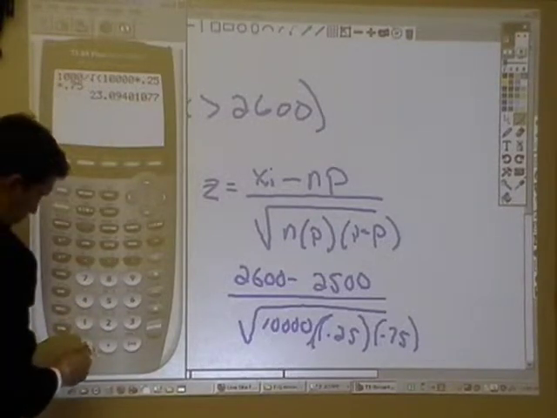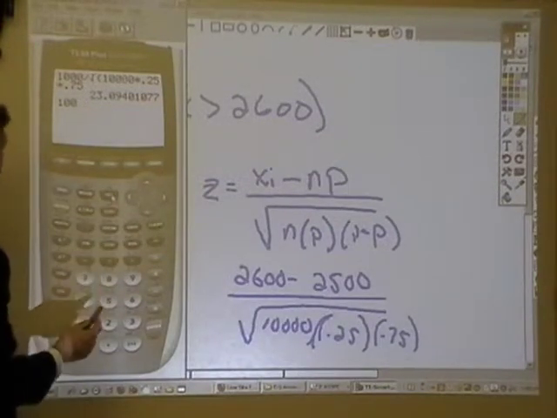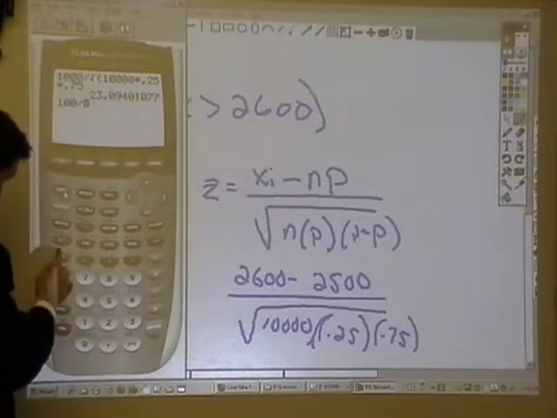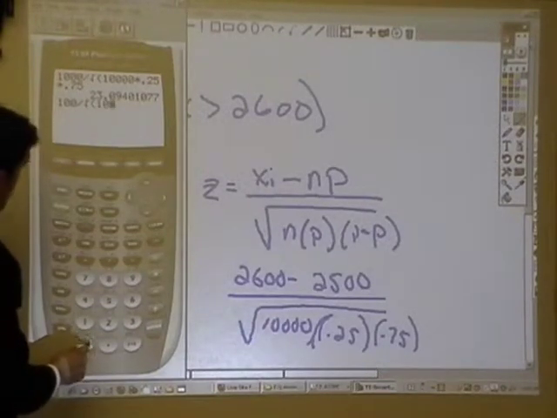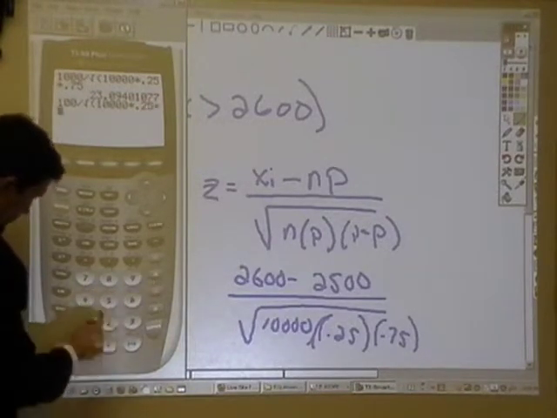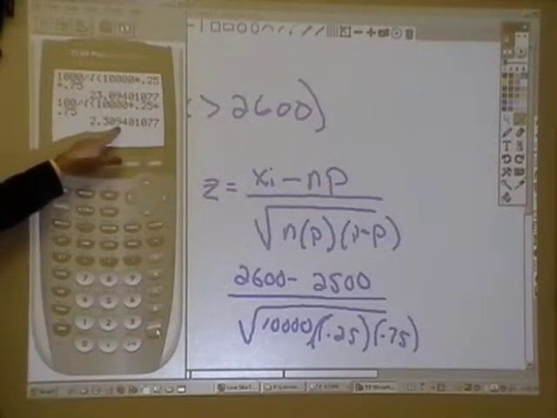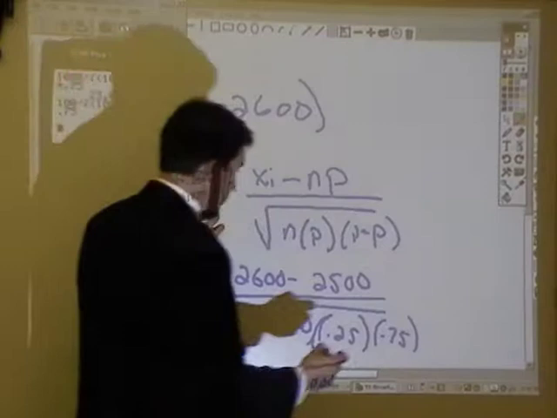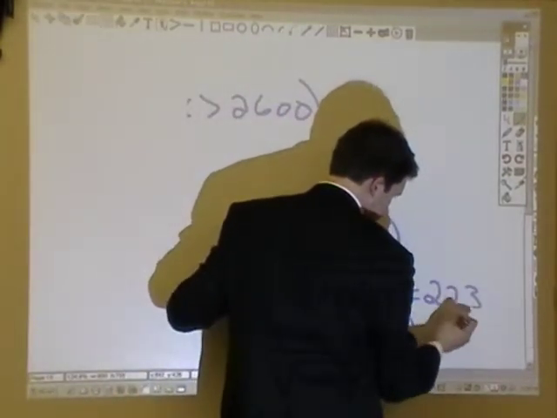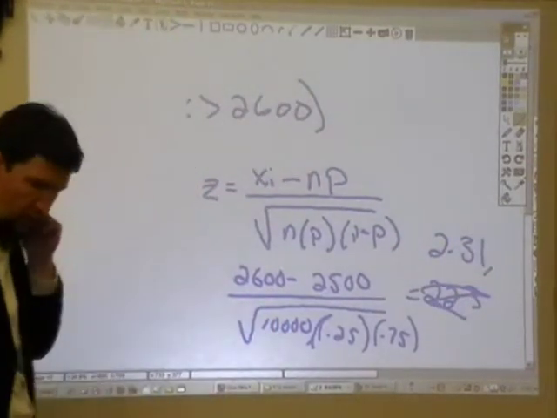Let's try it again. Delete. 100 divided by the square root of 10,000 times 0.25 times 0.75 equals 2.31 to 2 decimal places. So this is equal to 2.31. Okay, so what does that mean?